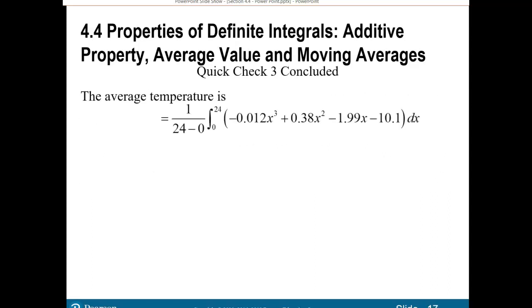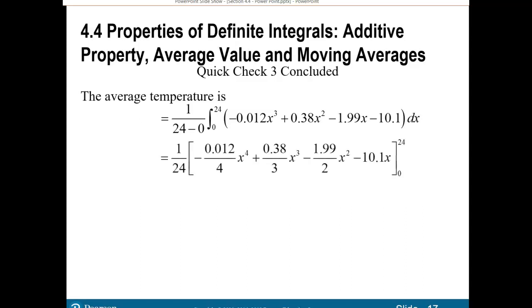All right. So 1 over, we're going 0 to 24, so b minus a is 24 minus 0 times the definite integral from 0 to 24 of our function. All right, 1 over 24 in the front, antiderivative x to the fourth over 4, plus the x cubed over 3, those coefficients just stay there, minus x squared over 2, keep the coefficient, minus and then 10.1x.